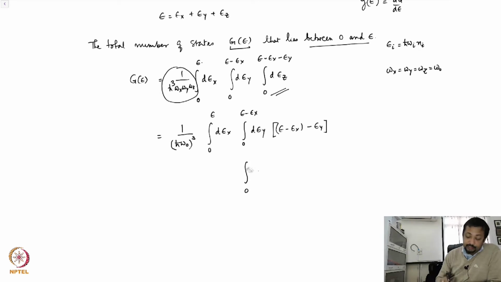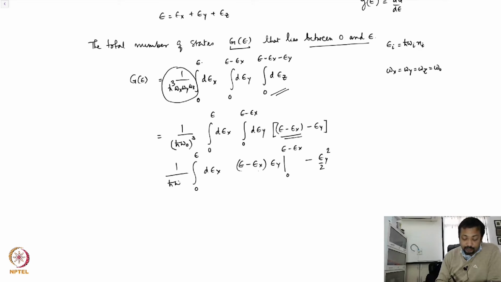Let's now carry out the integration over epsilon y, so that the first term is going to be epsilon minus epsilon x times epsilon y, minus epsilon minus epsilon x minus epsilon y squared by 2, and then I have an integral over epsilon x, 0 to epsilon.